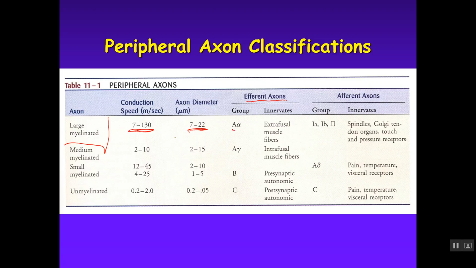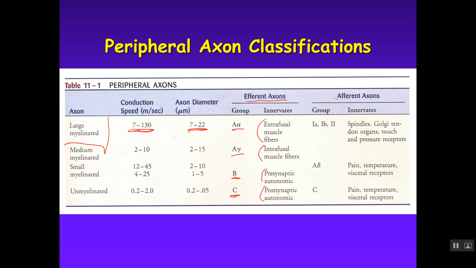And so we have the A alphas and the A gammas that we talked about that go to somatic muscles, the extrafusal muscle fibers and intrafusal muscle fibers. And then there's also type B and type C, which we didn't talk about, which are associated with presynaptic or postsynaptic autonomic nerve fibers. You can see they tend to be slower, less myelinated or unmyelinated.